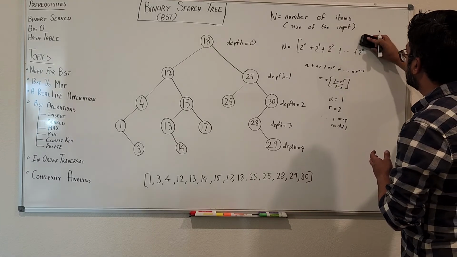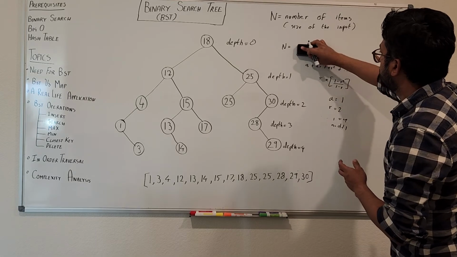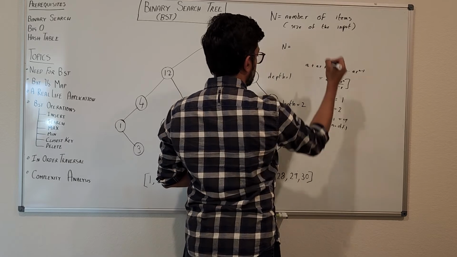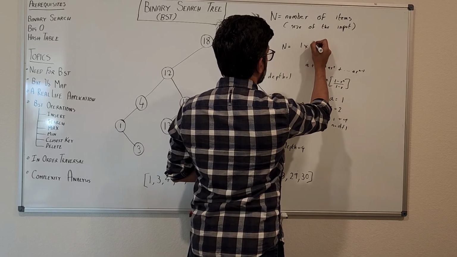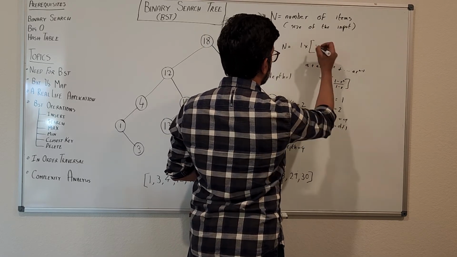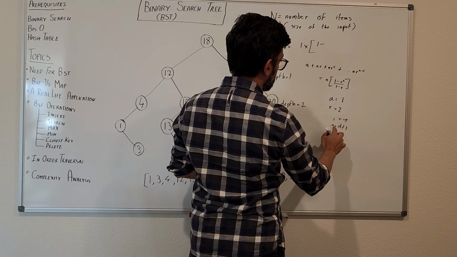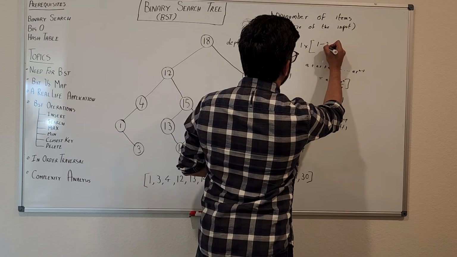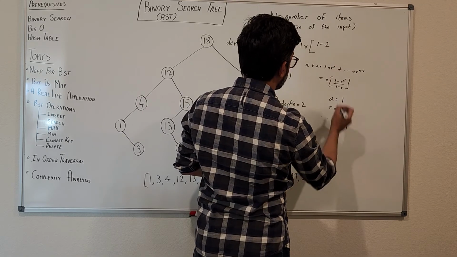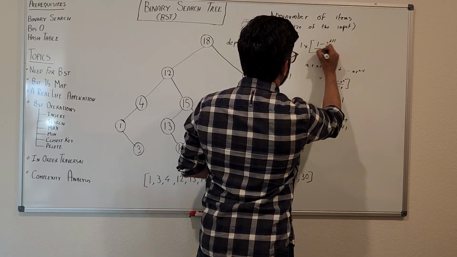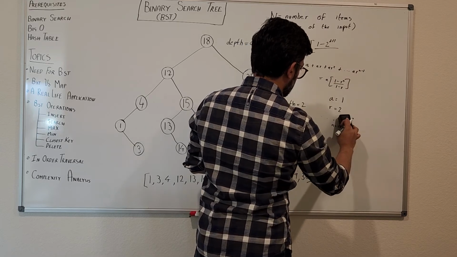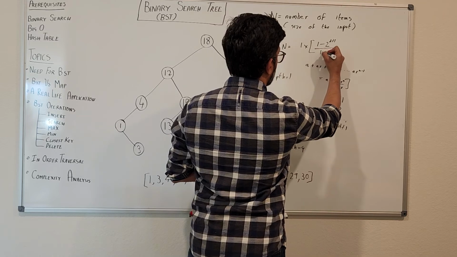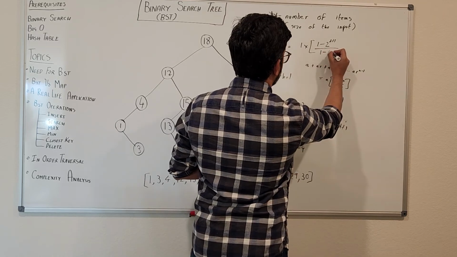So n is equal to a into 1 minus r raised to n over 1 minus r. A is 1, r is 2, 2 raised to n, where n is d plus 1, over 1 minus r, which is 1 minus 2.